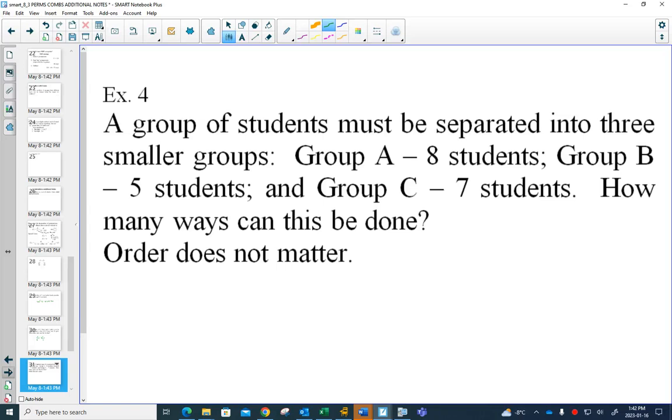We have to choose who's going to be in group A, then choose who's going to be in group B, and finally choose who's going to be in group C. Group A needs 8 students. How many choices would we have? There's 20 students. Choose 8 of them. That 20 choose 8 will give every single possible grouping of 8 kids that exists.